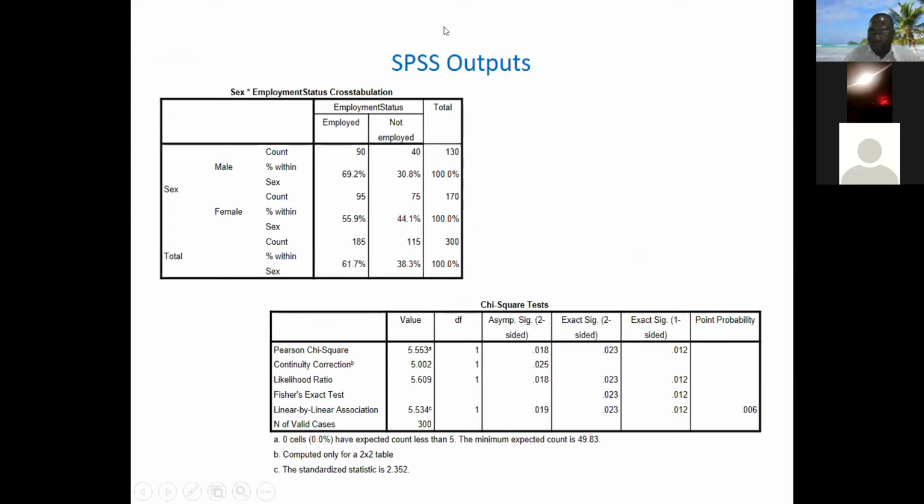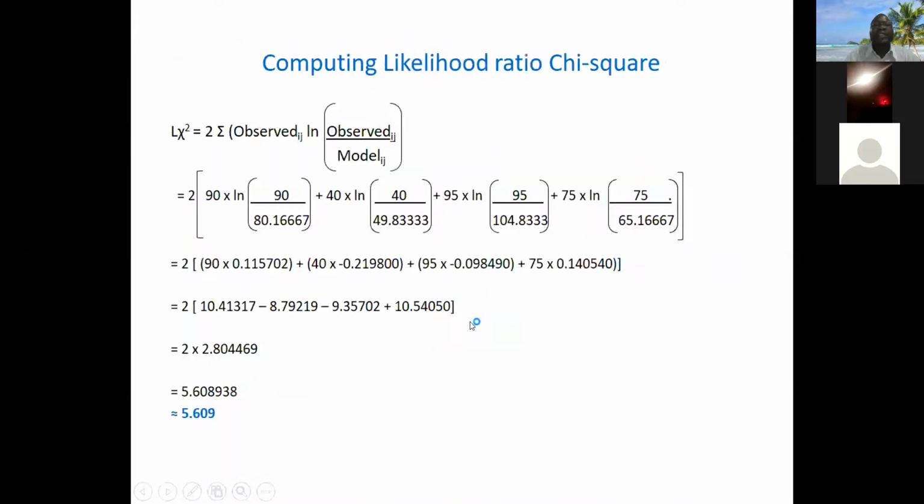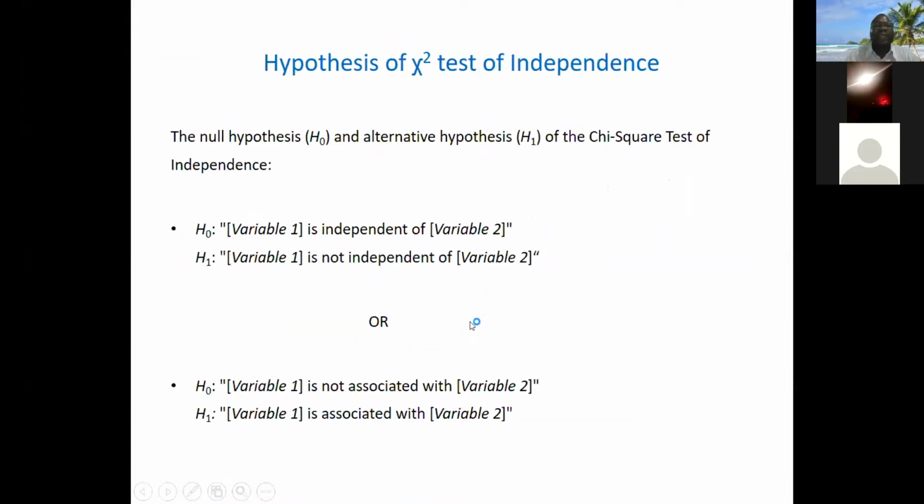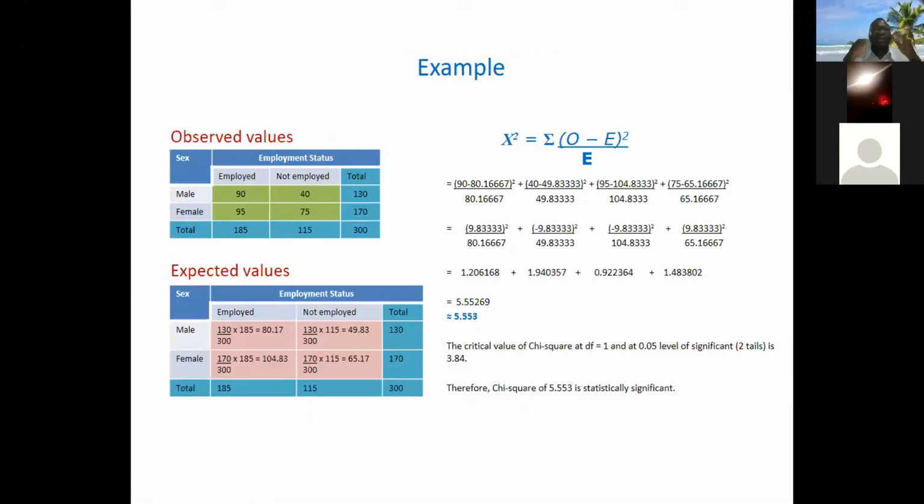So what I'm trying to show here is that it's not just by looking at it physically. You can see people say, look, we have more people employed among females, but it's not true, because more proportionally are employed among men, because 90 out of 130 is higher than 95 out of 170.